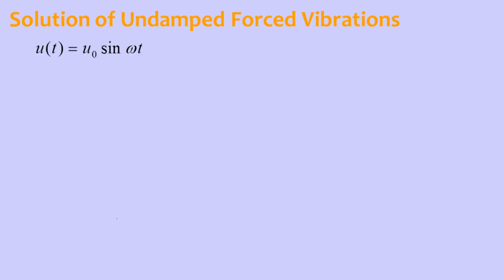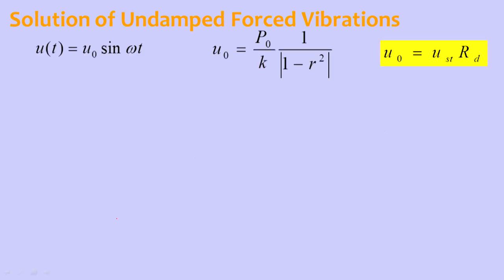So now we need the full solution. So u(t) is equal to u0 sin omega t. So this u0 is giving the amplitude to us, and then the sinusoidal part is sin omega t. Usually there will be some phase in this one, but for undamped vibration, when omega is less than omega n, it will vibrate in phase, and when omega is greater than omega n, it will be out of phase.